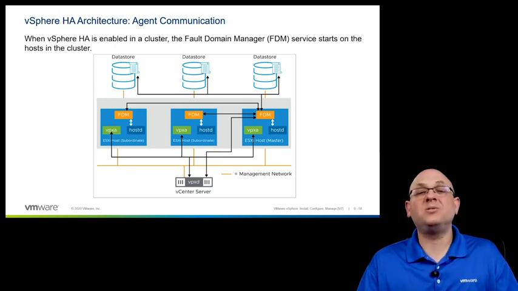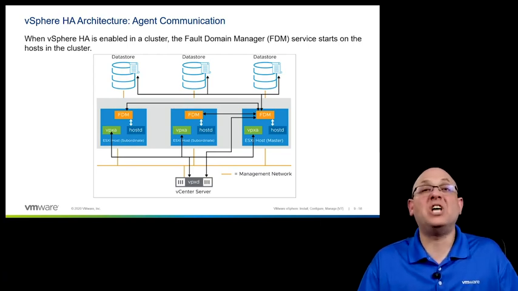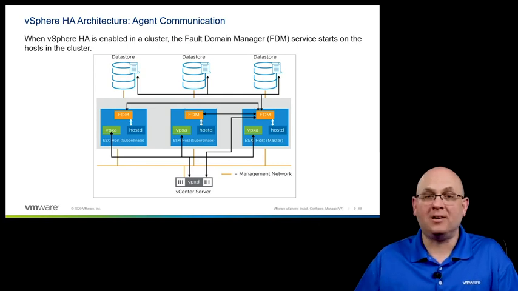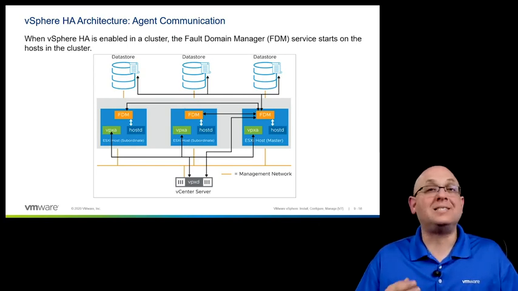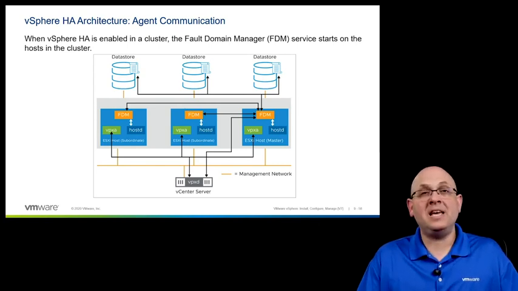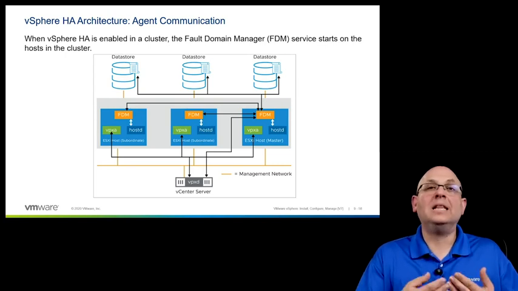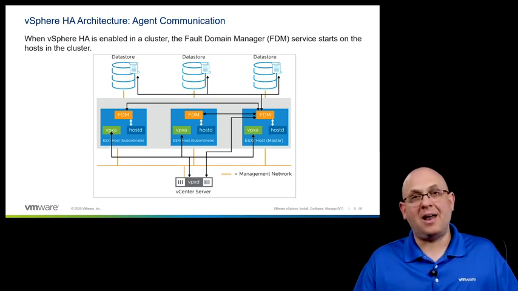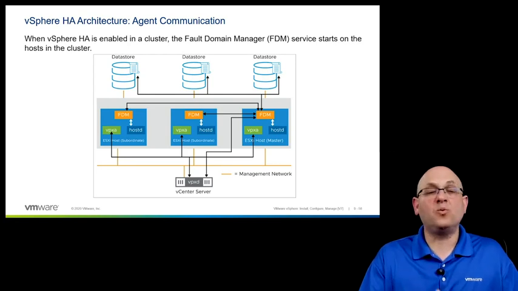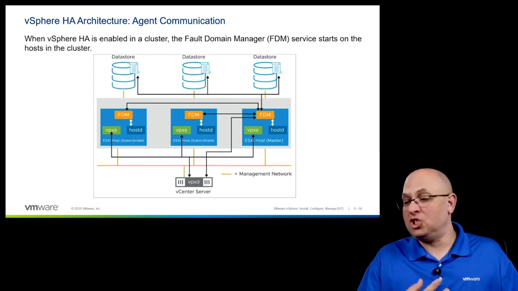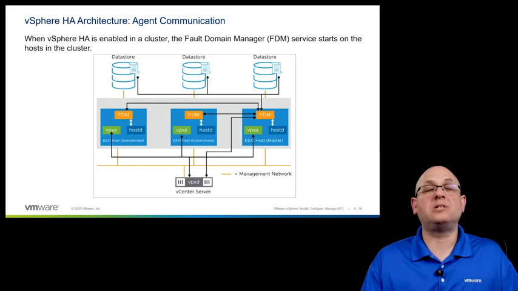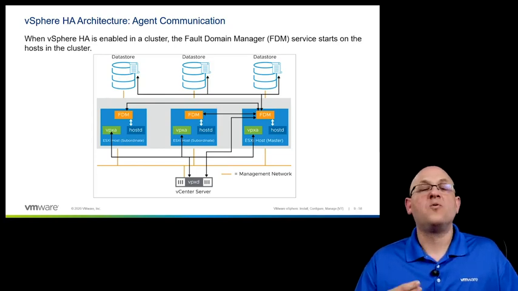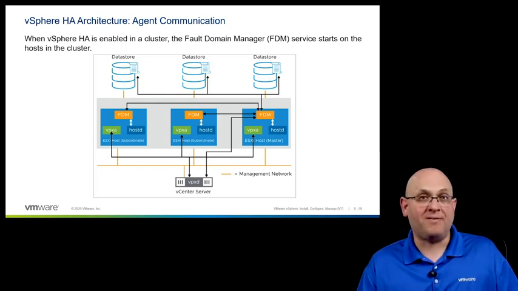The master is the only one that ever does anything other than respond to a heartbeat. The master will send heartbeats to each of the ESXi hosts and listen for the response. If it doesn't receive a response, it will check the data stores that the hosts are connected to for something called a data store heartbeat file.